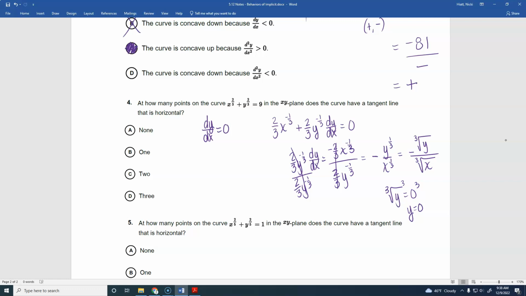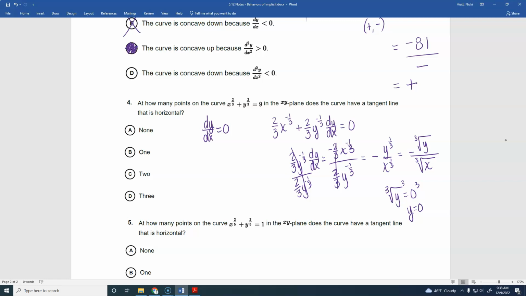This may lead you to believe that the answer would be 1 because you got one answer there, but it's only your y coordinate. So whenever we're dealing with things that are defined implicitly, they're not necessarily functions, right? So it doesn't mean that there's just one single point there.